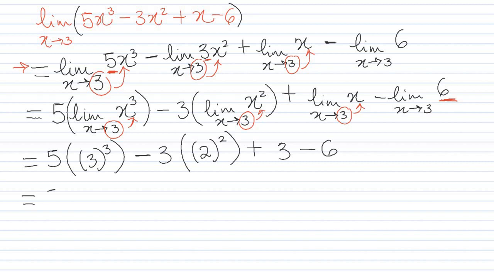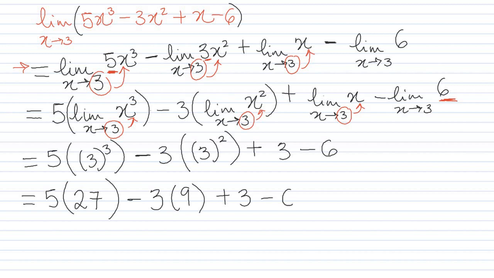So 5 multiplied by 3 cubed. 3 cubed is 3 times 3 times 3; 9 times 3 is 27. So we have 27 here, minus 3 times 3 squared. 3 squared is 9, plus 3, minus 6.